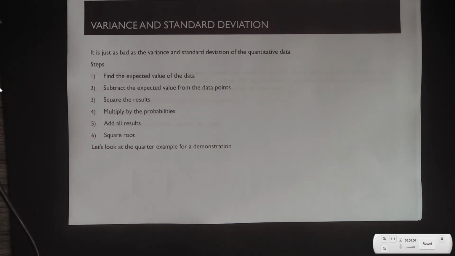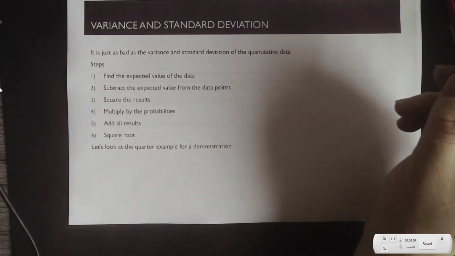So the things that are different is that you don't actually divide by n minus 1, but you do have to multiply by all the probabilities. So let's take a look at that in action. We'll take a look at the quarters again.